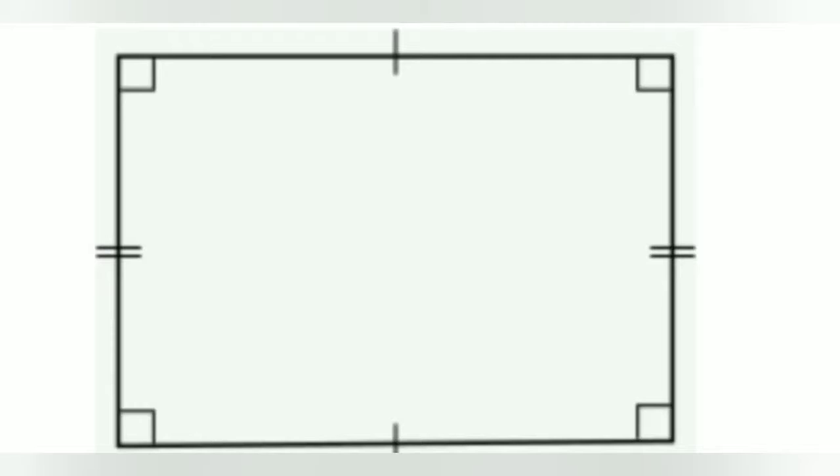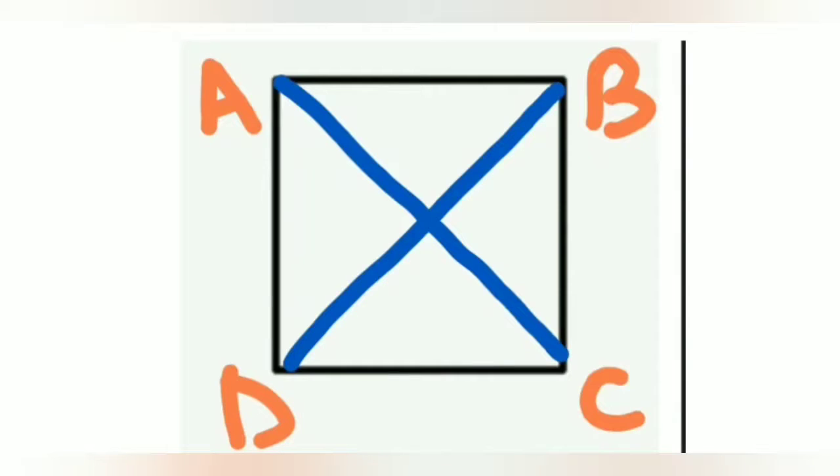Next is a square. A square is a rectangle with equal sides. Means in a square all the four sides are equal. You can see the figure A, B, C, D. This is a square. So AB is equal to BC is equal to CD is equal to DA, means all sides are equal.